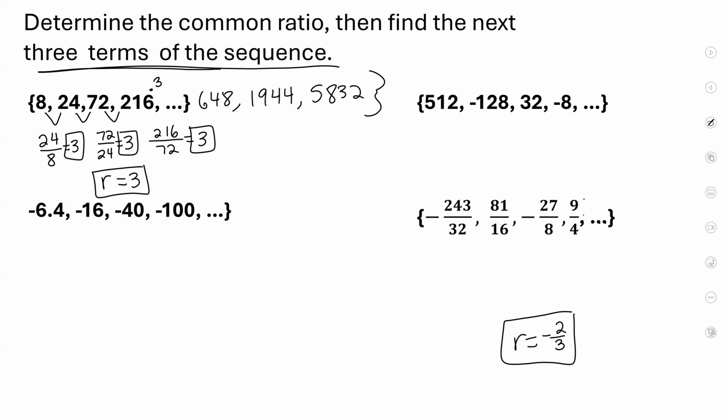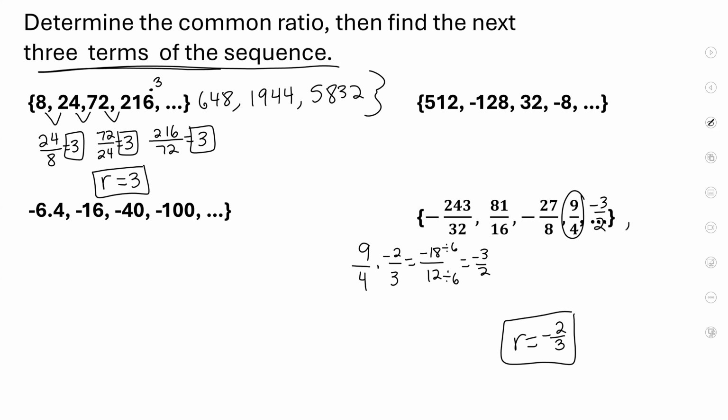So I'll do 9/4 multiplied by my common ratio, negative 2/3. This is negative 18 over 12, which simplifies to negative 3/2. So the next term in the sequence is negative 3/2.